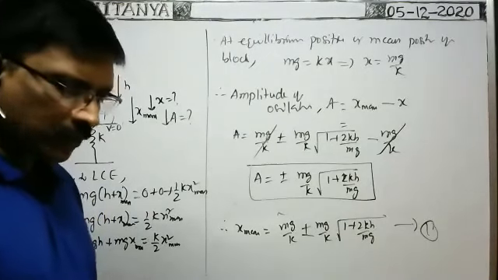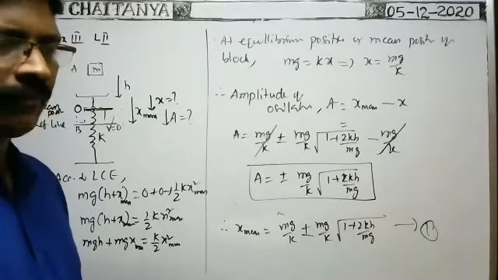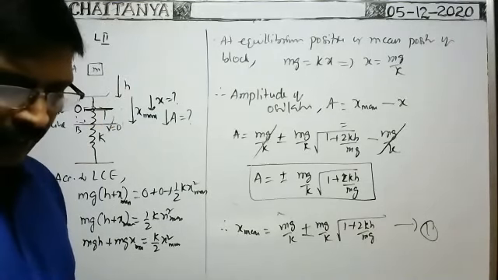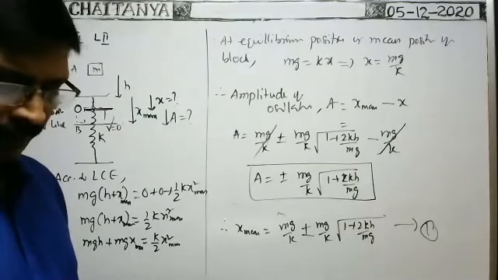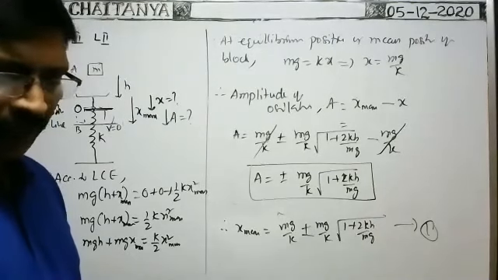Already I said the 12th problem in the concepts only. The time period is 2 pi root m by 2k, I think we got.